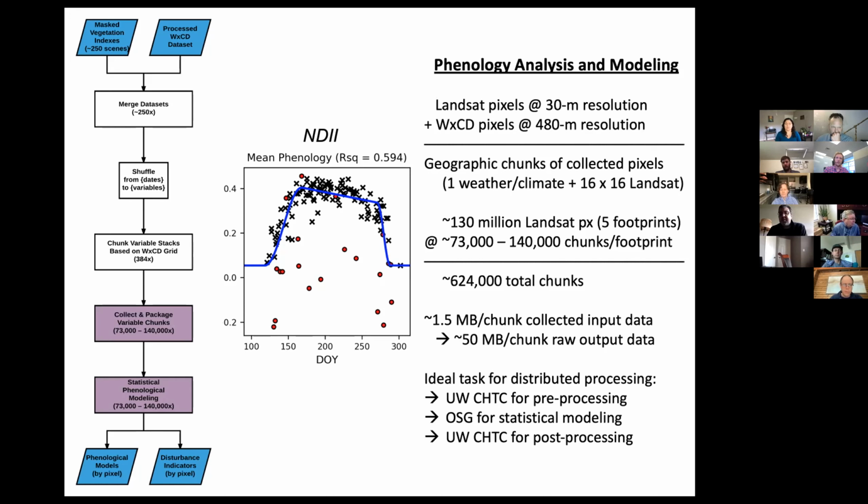I could do pieces of it at CHTC here at the University of Wisconsin. And then I farmed out a lot of the statistical modeling that you see farther down there in the workflow to the Open Science Grid, which operates basically the same way and we have a great connection with.